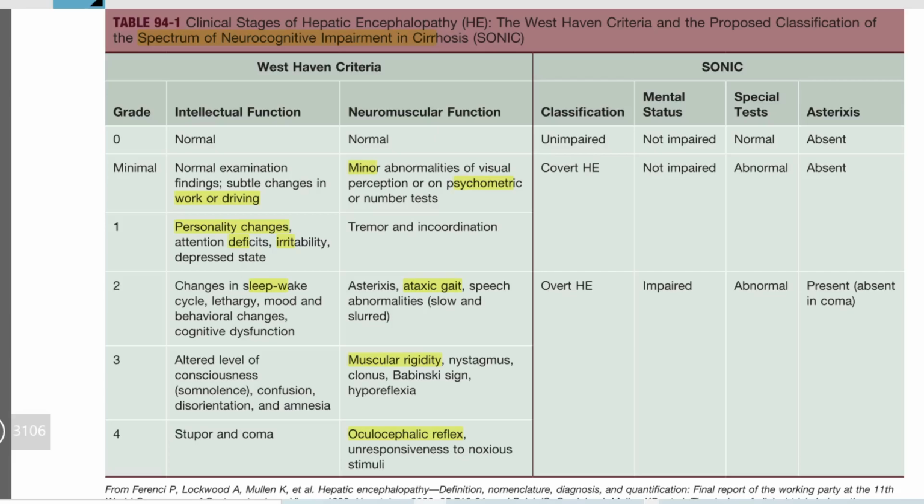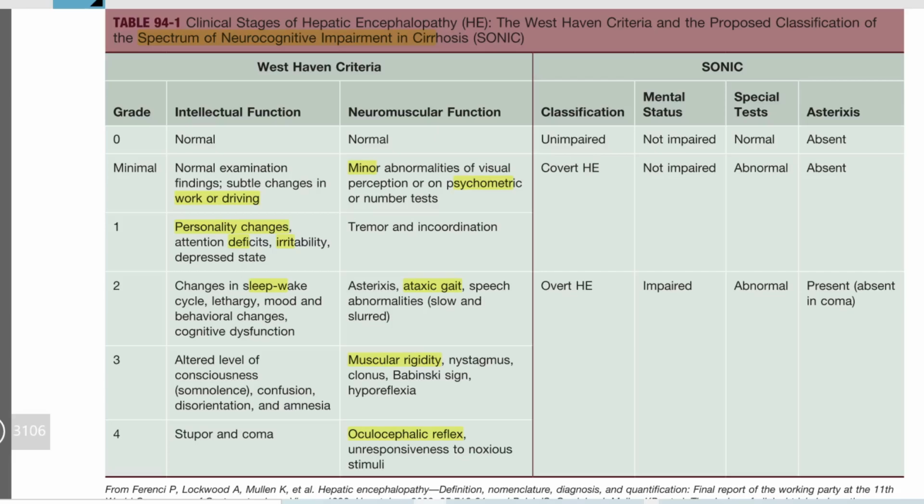When there is minimal grade HE, the patient might have normal intellectual function but subtle changes in work or driving. In neuromuscular function, there will be minor abnormalities of visual perception or on psychometric tests. In grade 1, there are personality changes, attention deficits, irritability, and a depressed state, and in neuromuscular function tremors or incoordination may be seen.